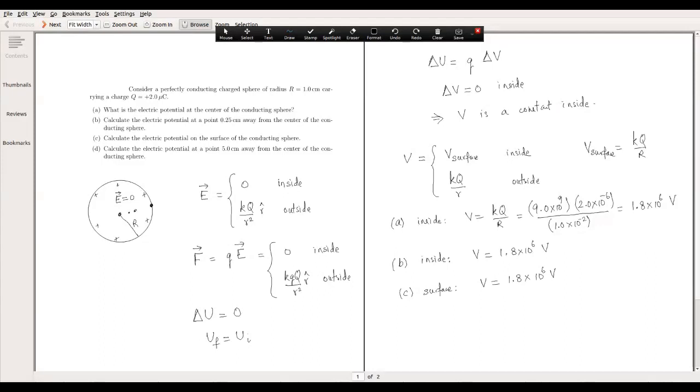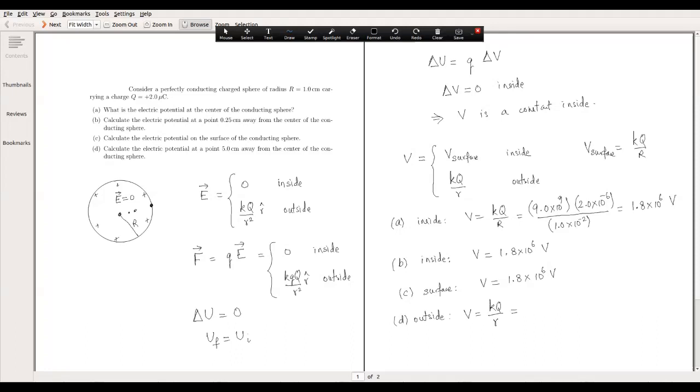In part D, calculate the electric potential at 5 centimeters from the center of the conducting sphere. And now we are outside. So in part D, we are finally outside the sphere. And we say the electric potential now would be KQ over the distance from the center, which is given to be 5 centimeters.